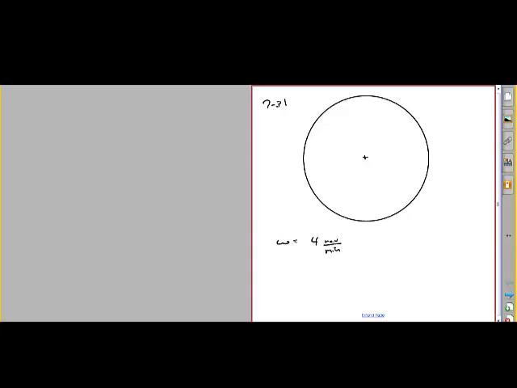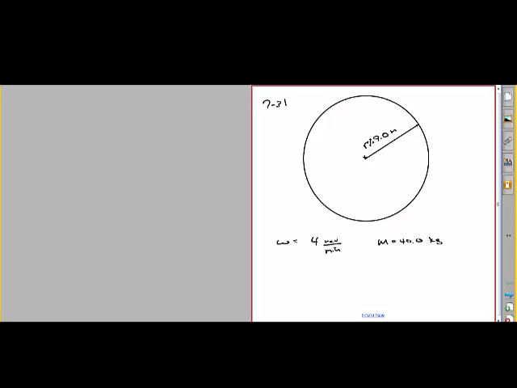And the mass of the child is 40.0 kilograms. And the diameter is 18 meters. So we're always worried about the radius. So the radius of the Ferris wheel is half of 18, which is 9 meters. That's R.